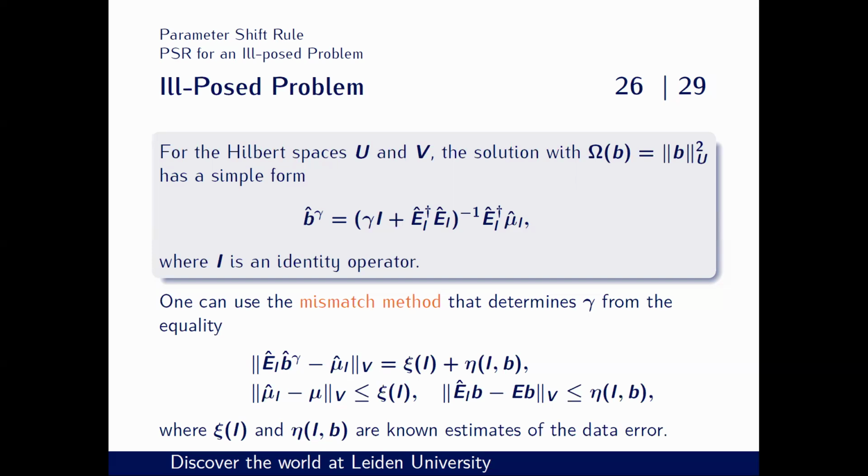This was proven, not by me. I just used this result, proven in the 70s actually, so it's super classical. To find these parameters, there are a lot of different methods. The most popular now is the mismatch method. You determine your regularization number by solving a system of equations, or even inequalities.